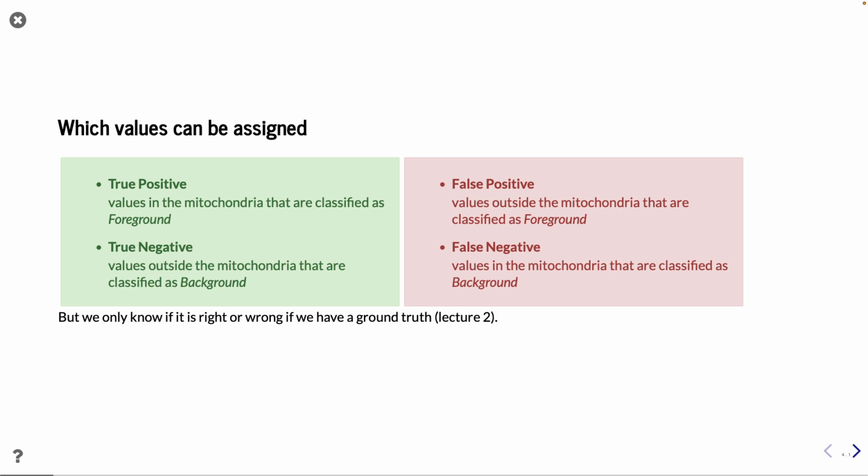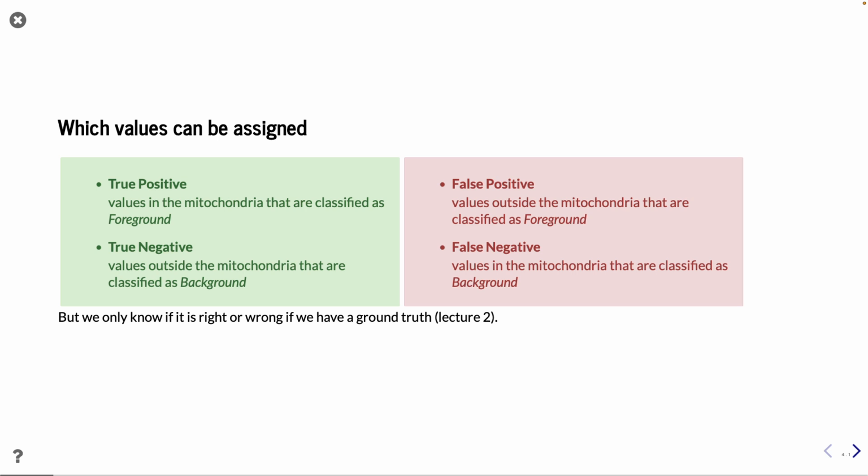We can first of all classify, assign the images in different ways. Ideally, we have all as true positives, that is actually labeled as foreground and is also foreground. We can also have true negatives, which is the background, the correct background, labeled as background.